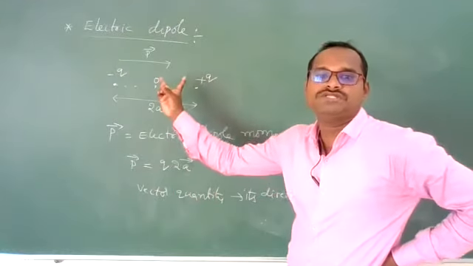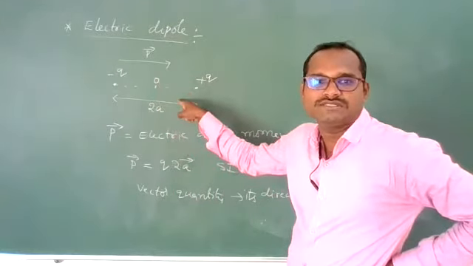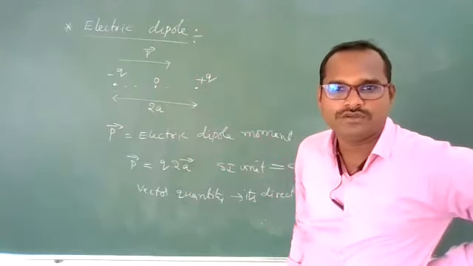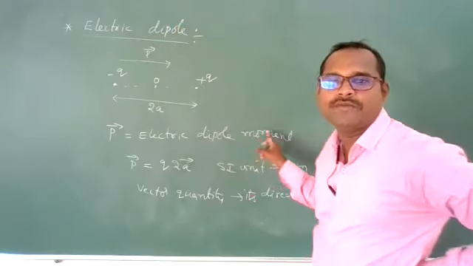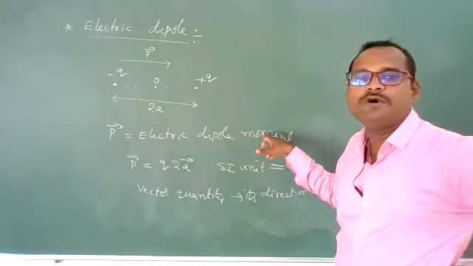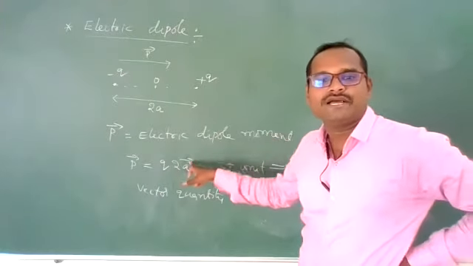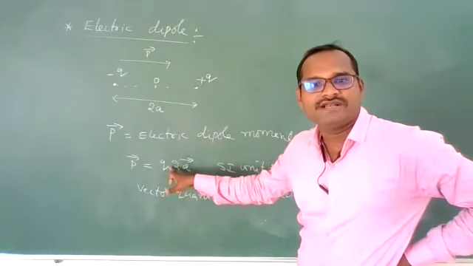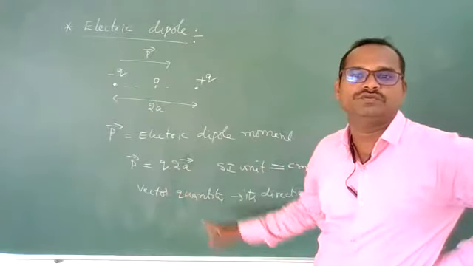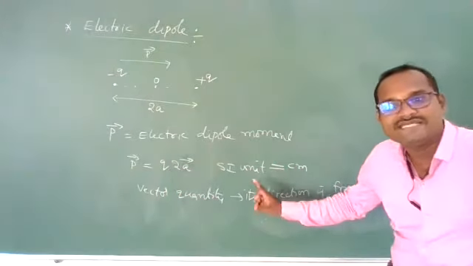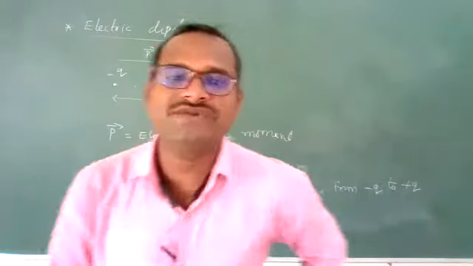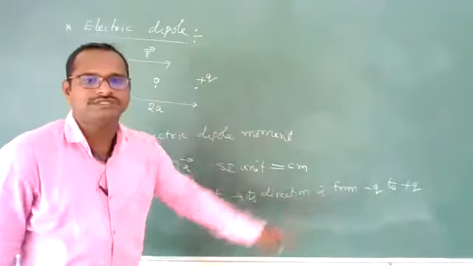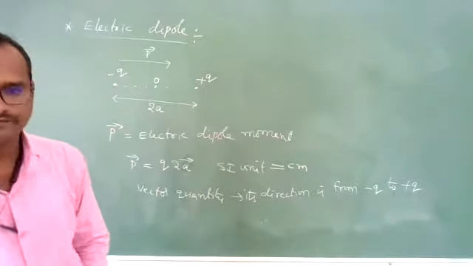When two opposite charges are separated by some distance, that is called an electric dipole, and every dipole has a dipole moment. The dipole moment is the product of the magnitude of any one of the charges and the distance between the two. It is a vector quantity, and its direction is from negative charge to positive charge. Remember all these points.